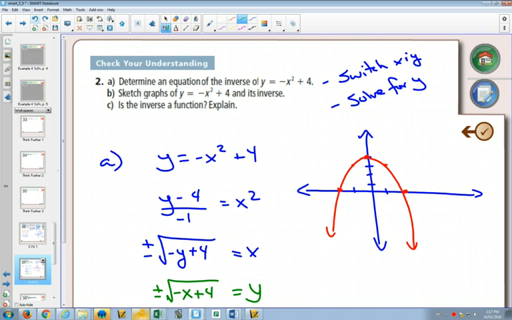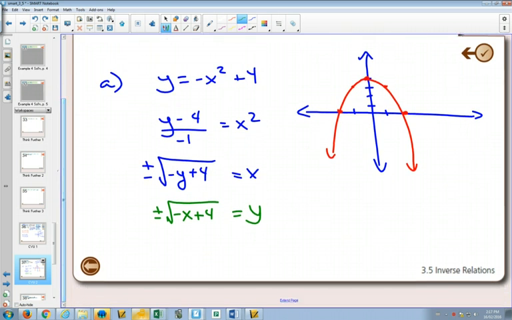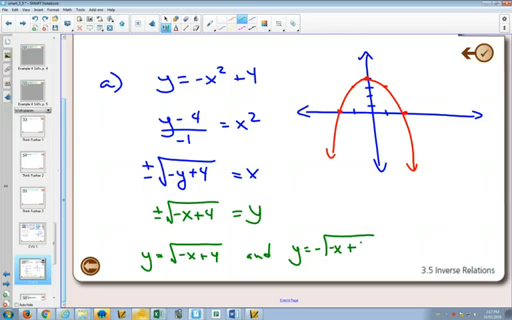What kind of graph is this? Well, we would have to do positive and negative. You would do it once positive and graph it once with the negative. Let's look at the positive one first.